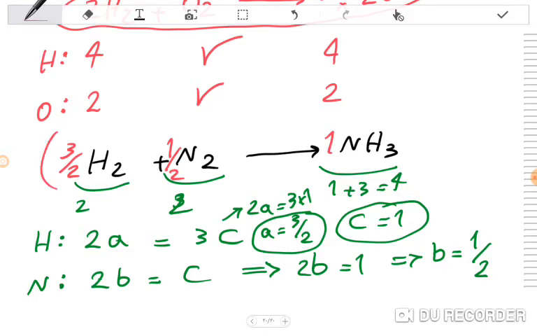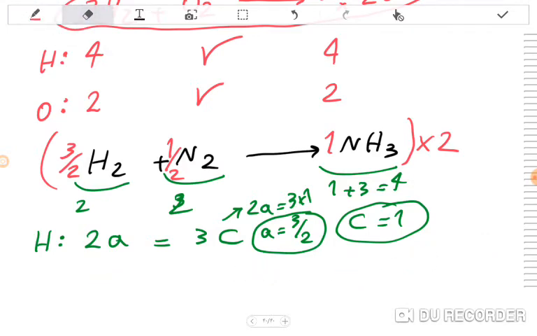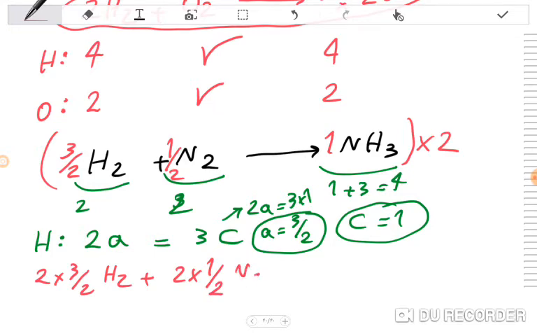We have fractional coefficients. We multiply both sides by 2. After that, we have 2 times 3 over 2 H2 plus 2 times 1 over 2 N2 is equal to 1 times 2 NH3.